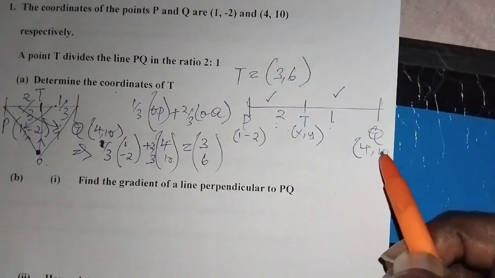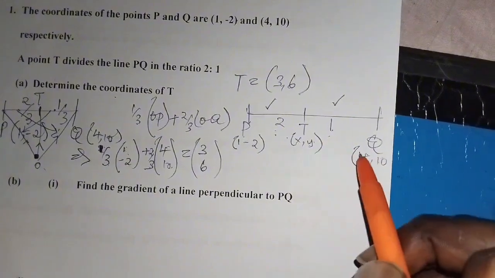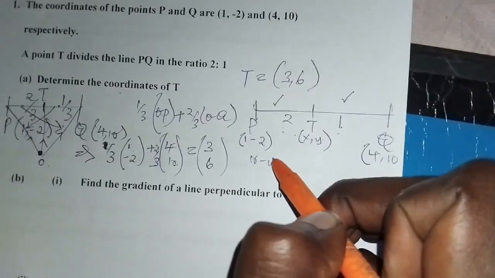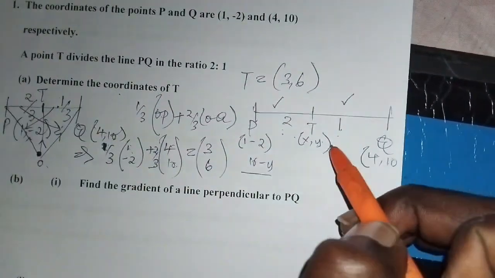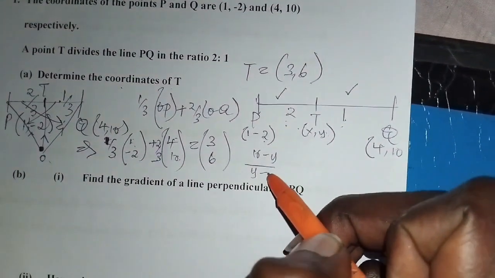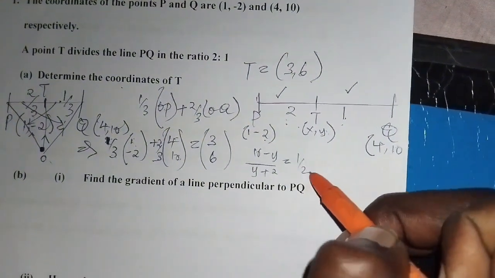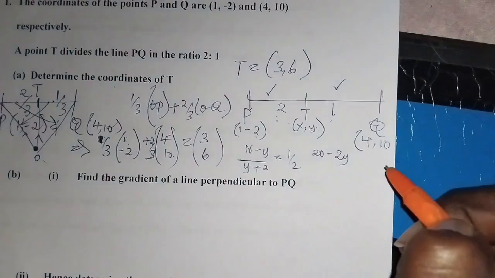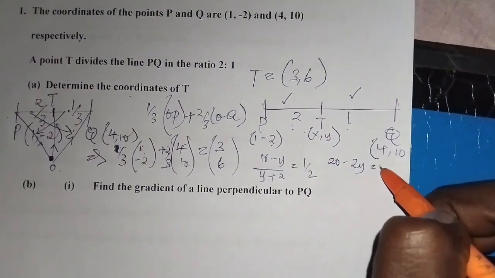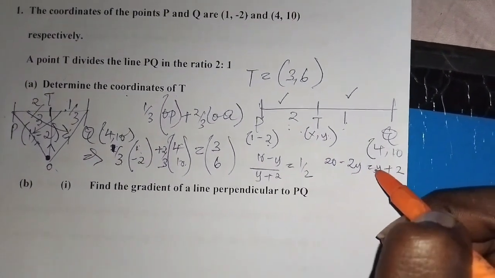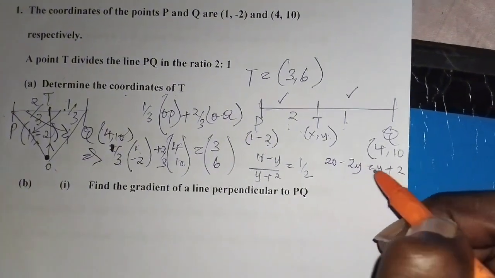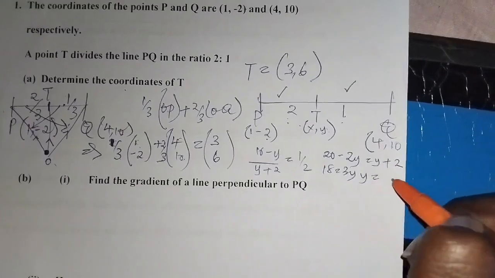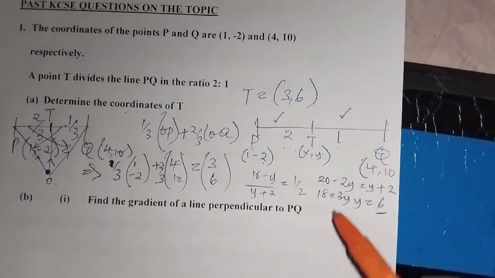If we compare the distance of the y axis, we shall have 10 minus y, then here y minus -2, which is y plus 2, which will give you half. So we'll have 20 minus 2y is equal to y plus 2. This side will be 3y, then 18 equals 3y, so your y will be 6.